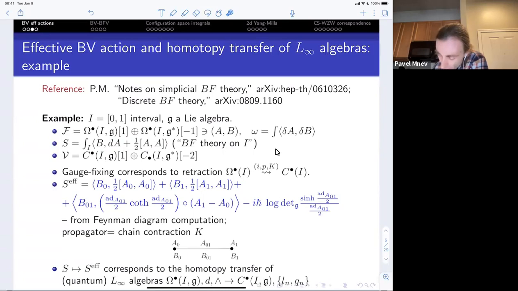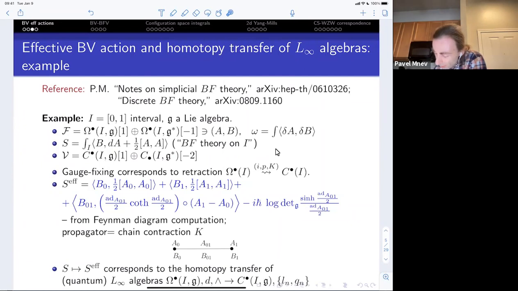And the space of residual fields here, I wanted to be cell cochains of the interval with the standard cell decomposition, two endpoints and the bulk cell. So cochains with coefficients in the algebra plus chains with coefficients in the dual, with some appropriate shifts.